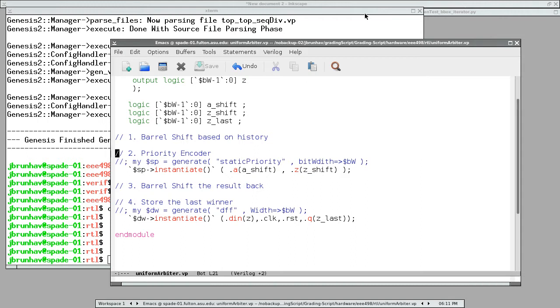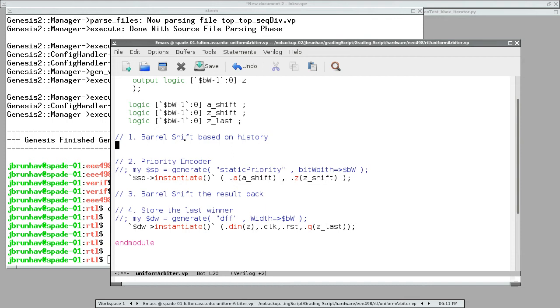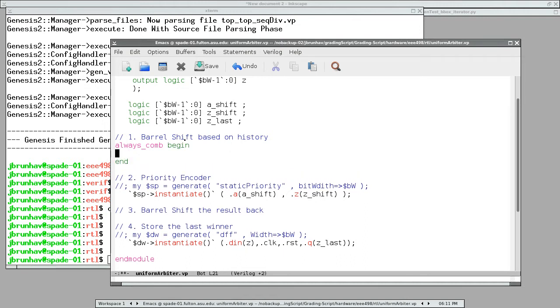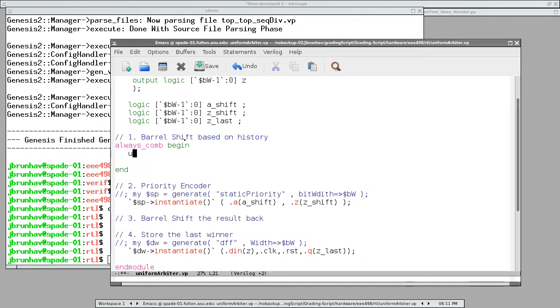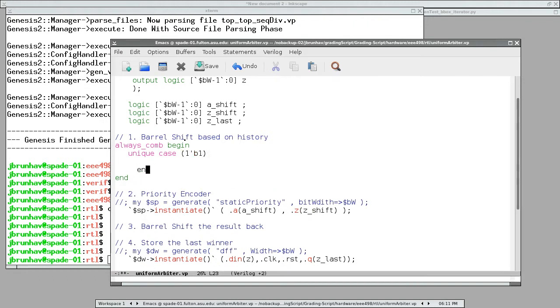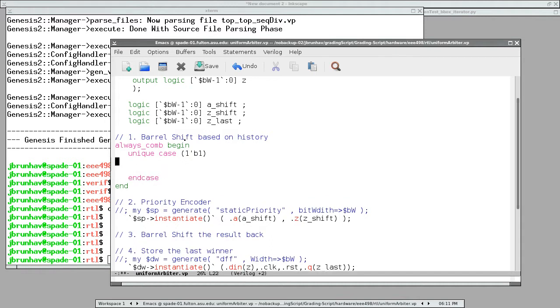So let's do this the easiest way I could imagine. We're going to play our trick again. Always_comb begin, end. I'm going to build a unique case statement. 1'b1. We're going to close that before we run into any issues.